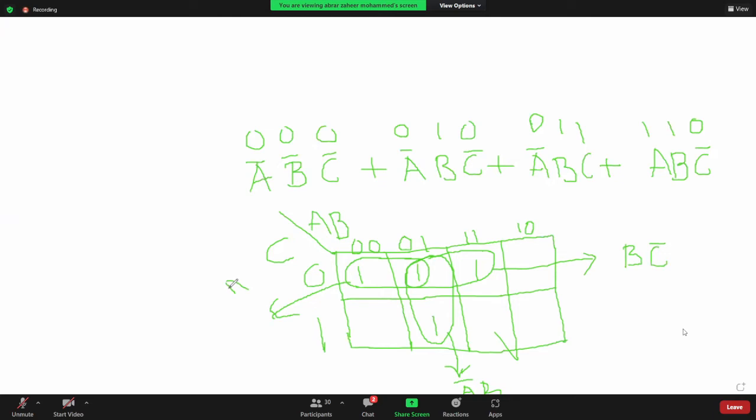So it can be written as A bar C bar, okay? What will the final expression be?